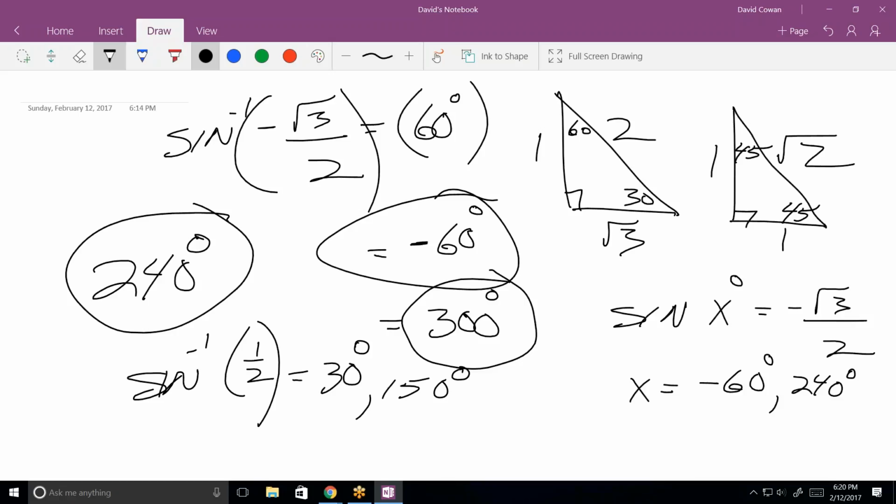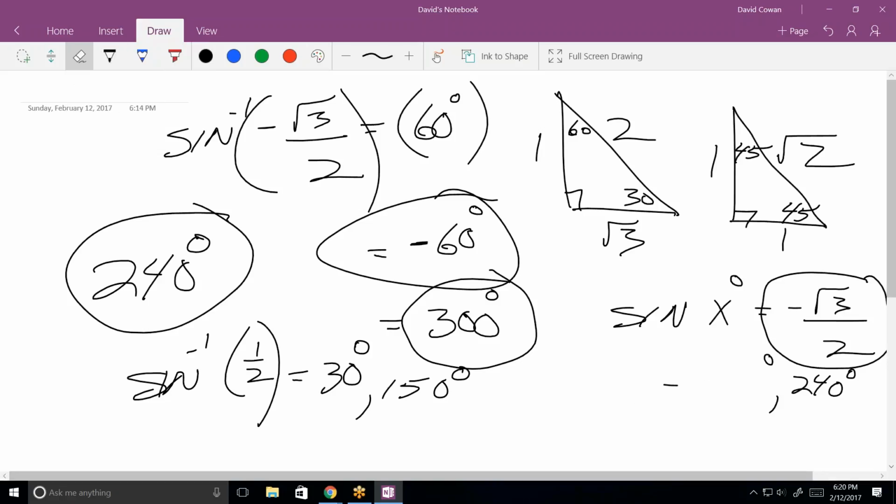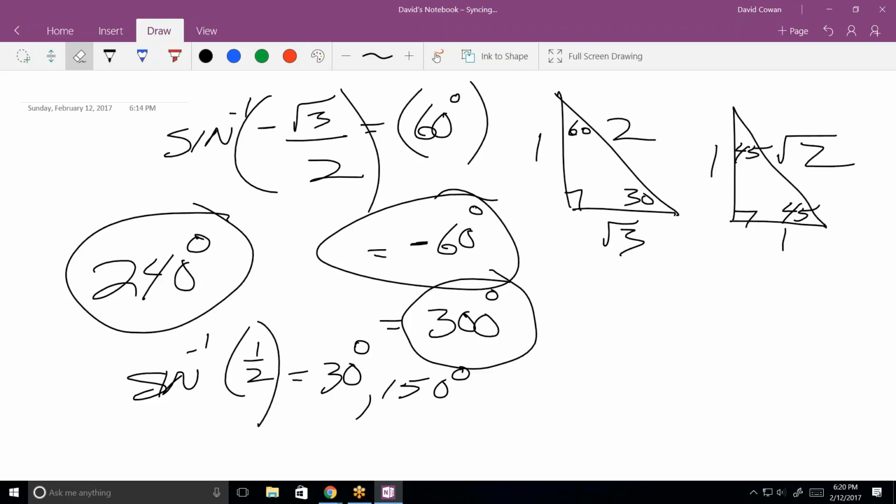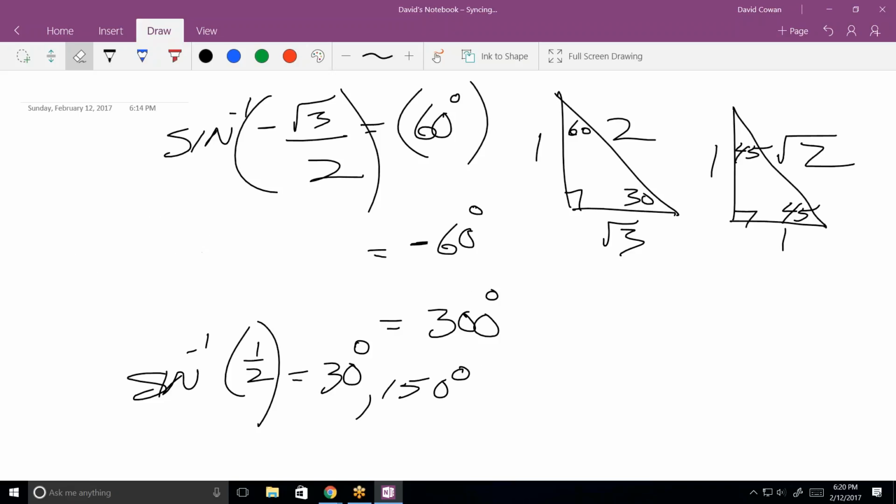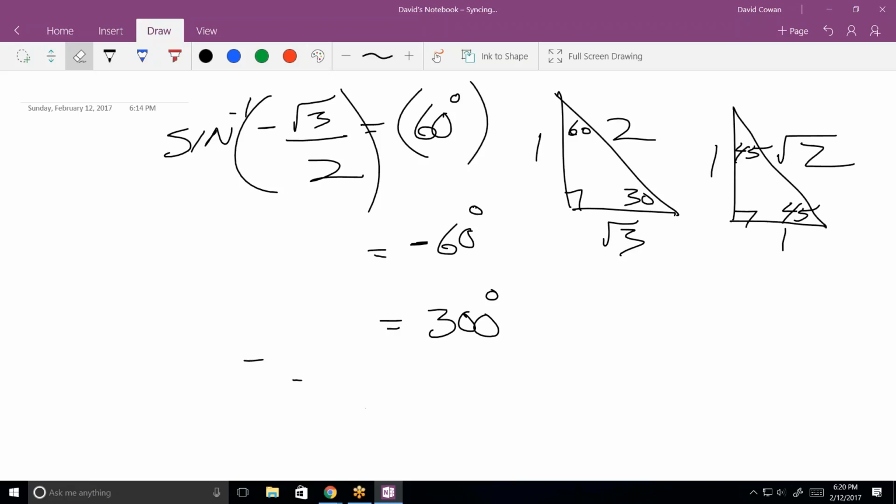Both of those, when you take the sine of that, you will get that answer. So it's very important to distinguish here between the principal values and all of the values that satisfy this in the unit circle. Okay. I can probably explain it a little easier with just doing more problems.